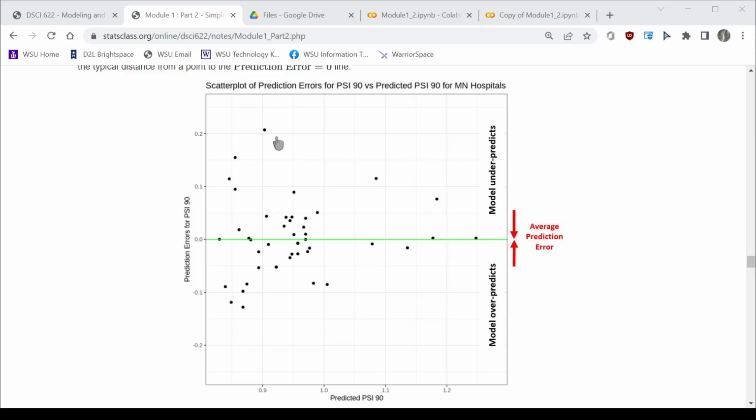So again, observations where the prediction errors are positive are going to be hospitals for which the model under-predicted. The average amount of prediction error, again measured by either the root mean square error or the MAPE, the mean absolute prediction error, is just the average distance of these dots to the horizontal line there.